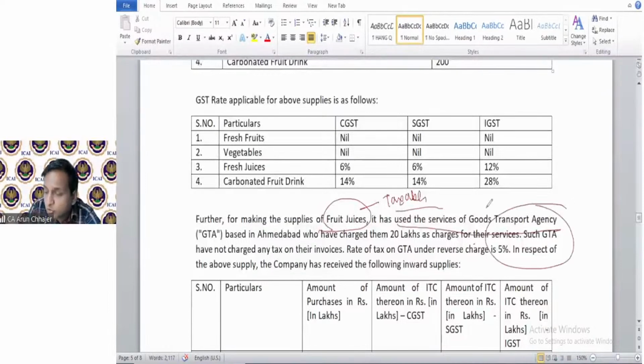Now, because it is used for taxable supplies, therefore, there is no concept of common ITC. Therefore, no question of rule 42 will come. Is it clear? Had this line not been there, either I have to exemption or otherwise I have to apply the rule 42. RCM ITC would also fall under the common ITC.